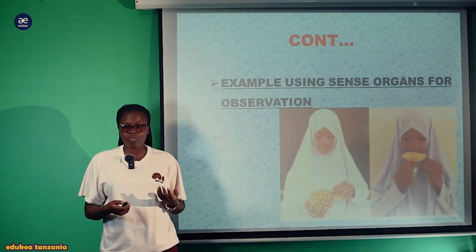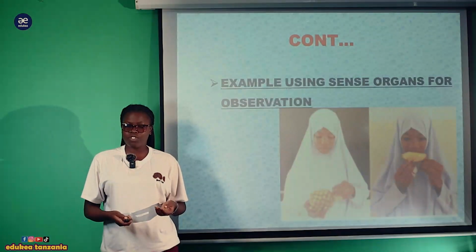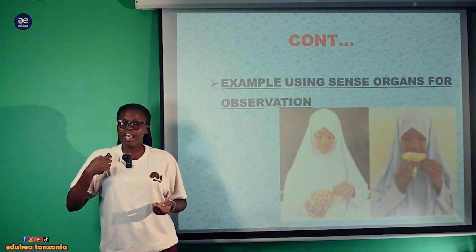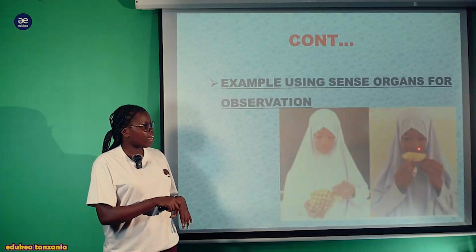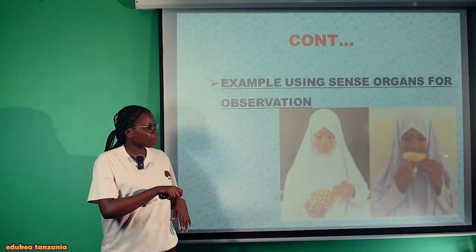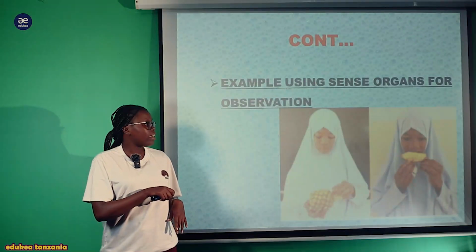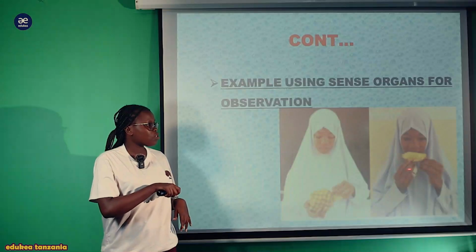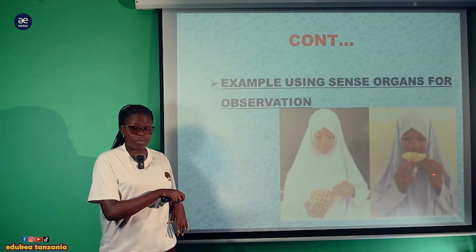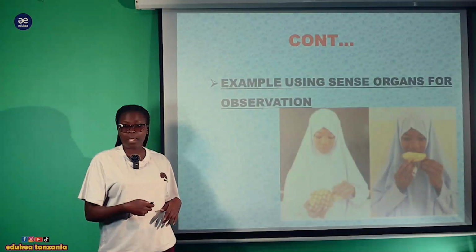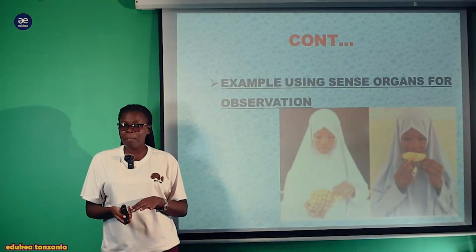That is an observation. And now you, as a scientist, can ask a question and come up with a method to identify why the taste of this particular pineapple is so sweet and why the texture is rough.